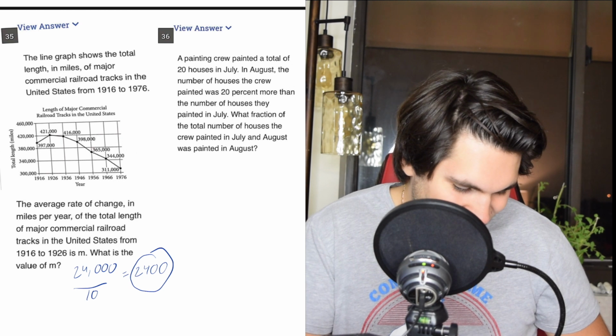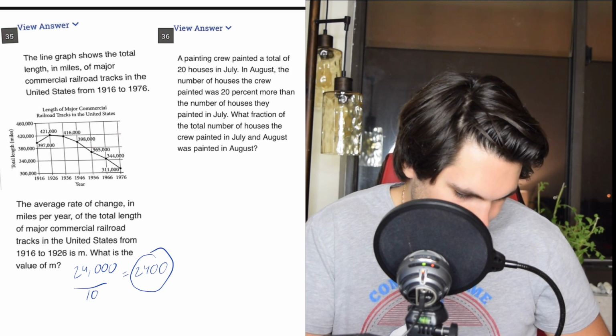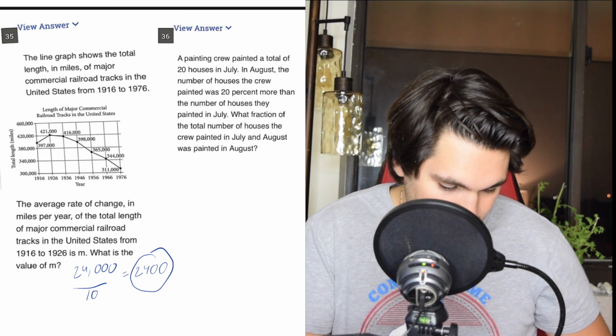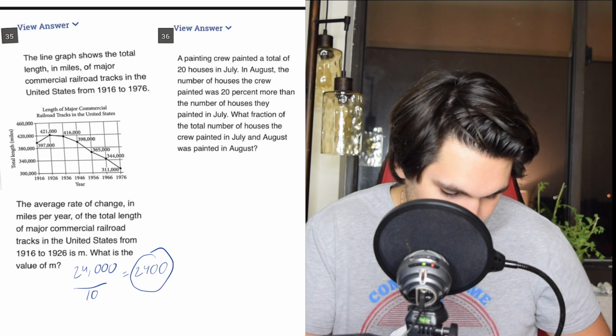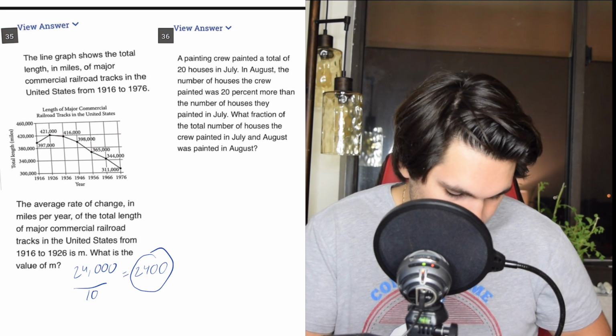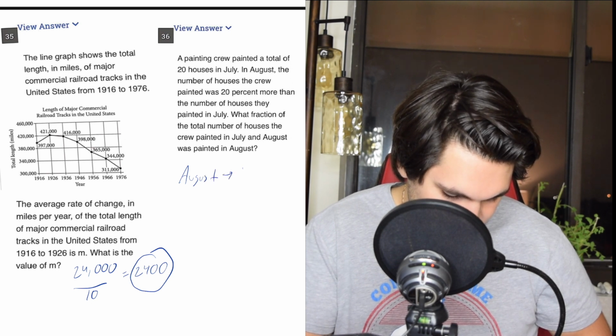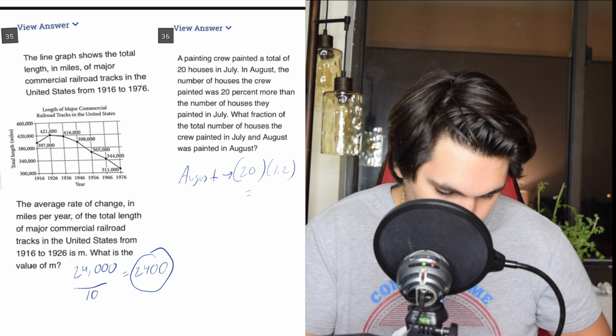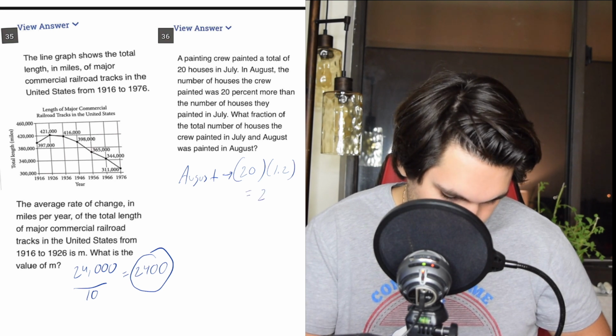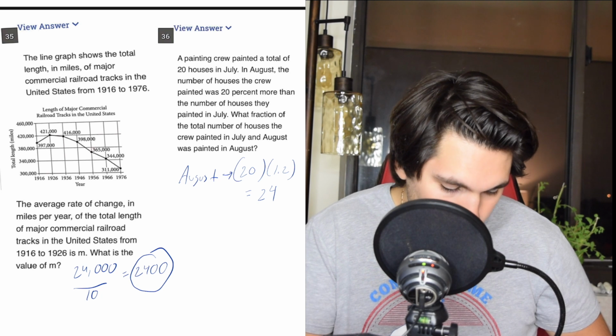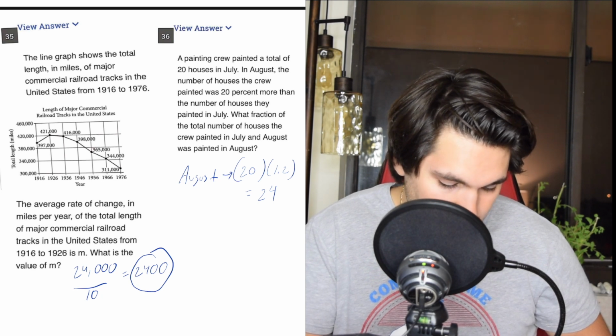Number 36. Painting crew painted a total of 20 houses in July. Okay. In August, it was 20% more. So in August, it would have been 20 times 1.2, which is 24. What fraction of the total houses were painted in August?